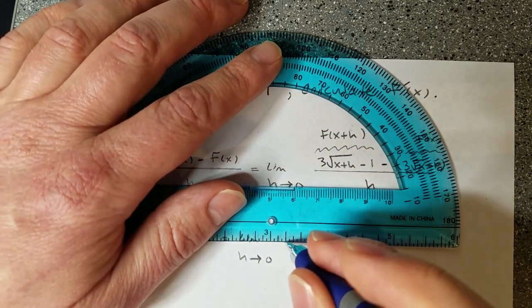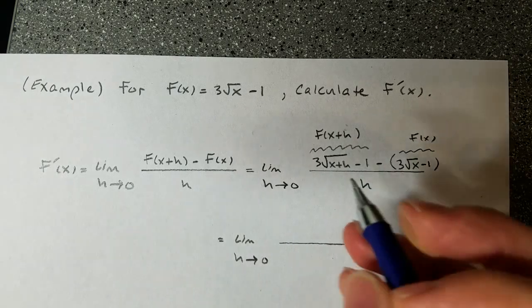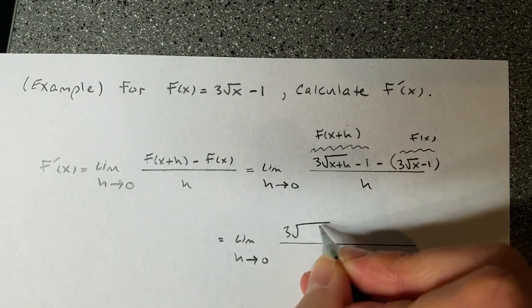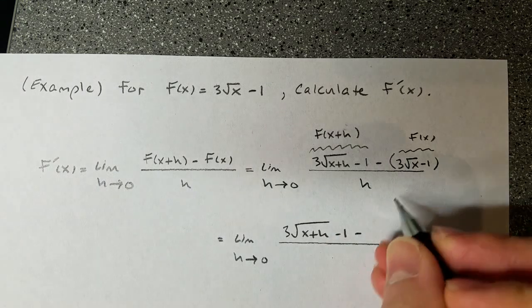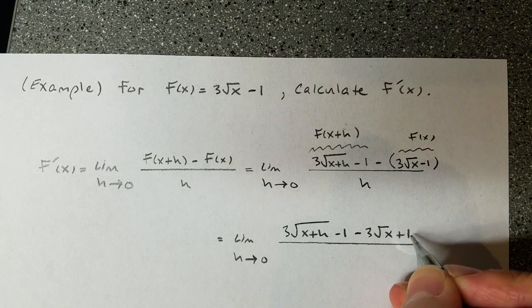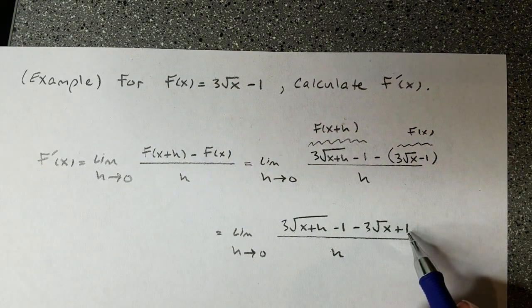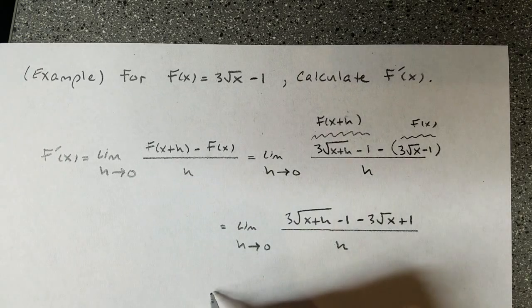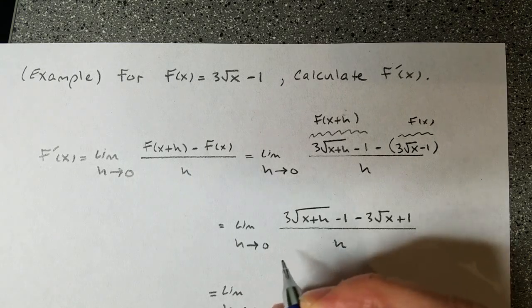Let me just distribute this subtraction: 3 root x plus h minus 1 minus 3 root x plus 1. And then I see that the 1's cancel. So I'm going to get limit as h goes to 0.